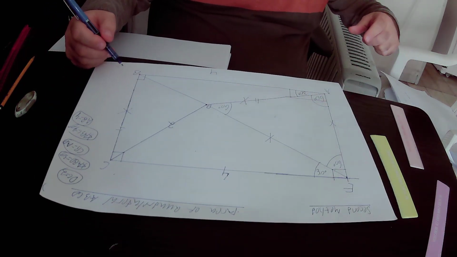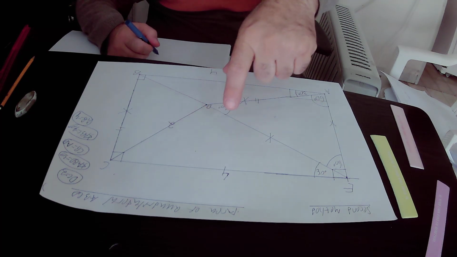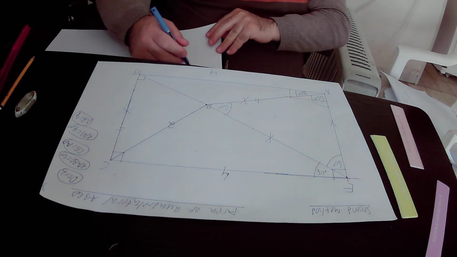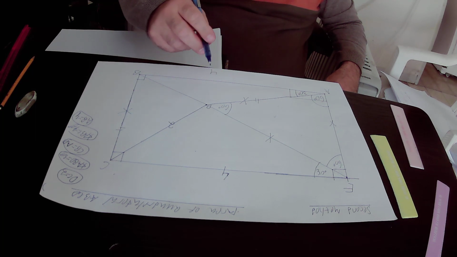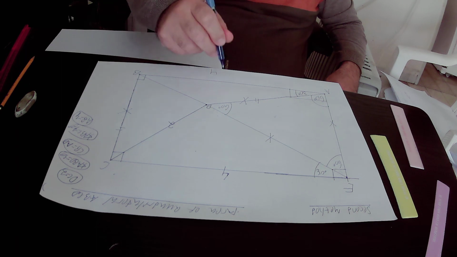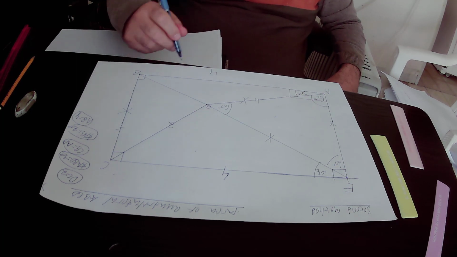In the next step, we will prove that those two triangles can go into each other. That is to say, triangle ADB can go to triangle EDC.